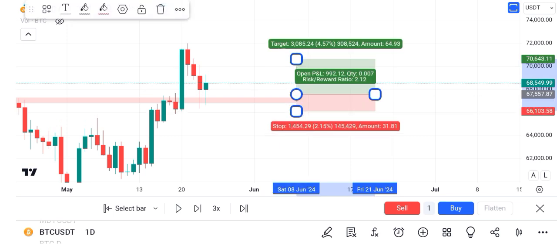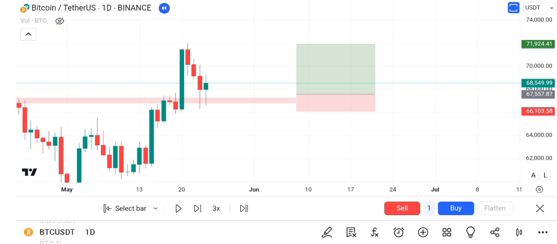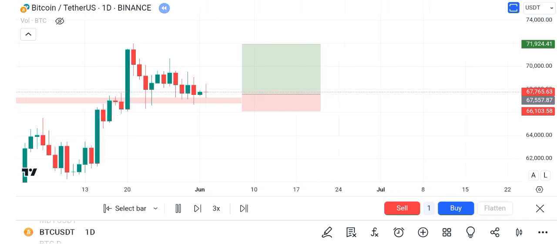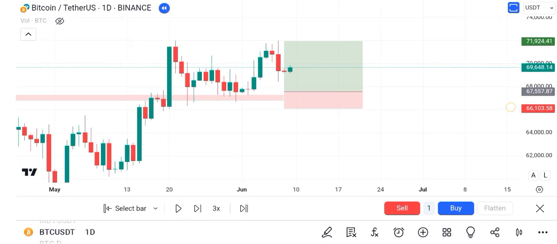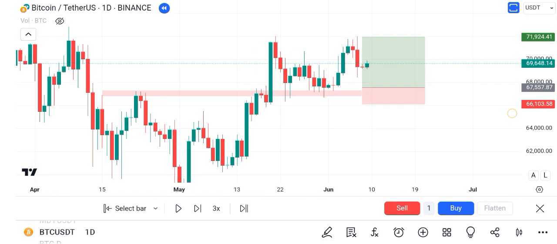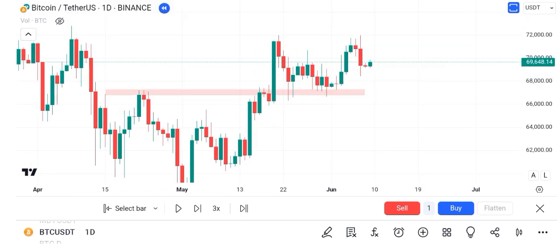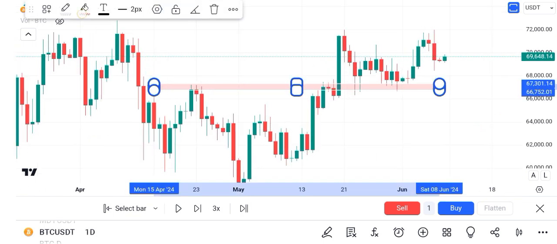So if the price breaks and retests that resistance level, you can buy that asset from that point and place a stop loss below that resistance level, which has now become a support level. So I did that, and you can see that the price successfully bounced from this point. The resistance level acted as a support level.